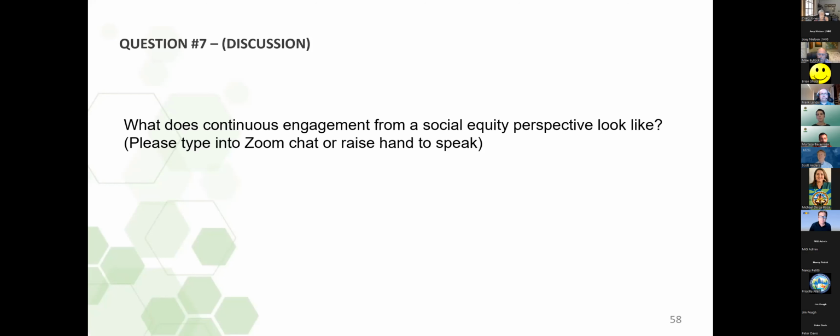This is an interesting question, and what I'm tempted to reply is, what does continuous engagement from a social equity perspective look like? It's a political context, a political climate. So elected officials who make the decisions here, including the Board of Supervisors, need to really hear continuously from underserved populations and those who represent underserved populations.